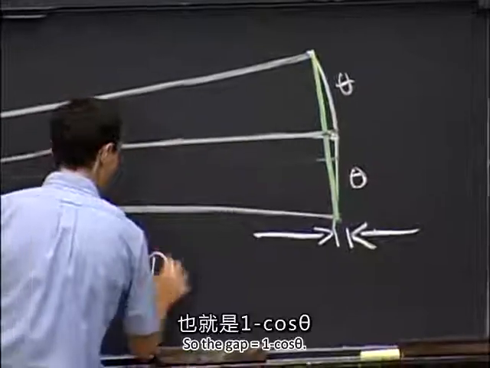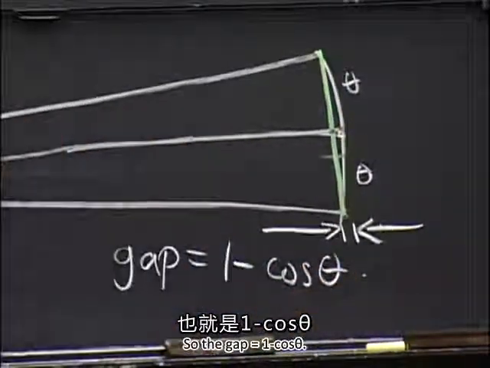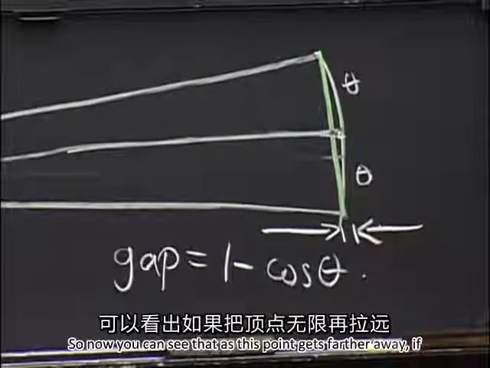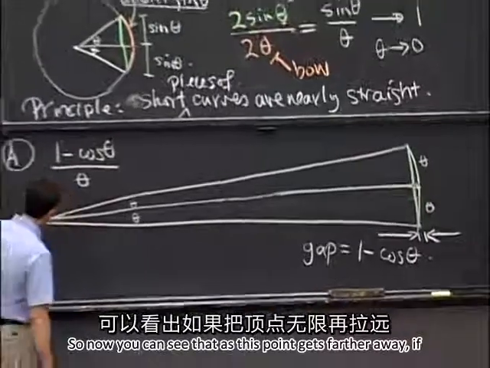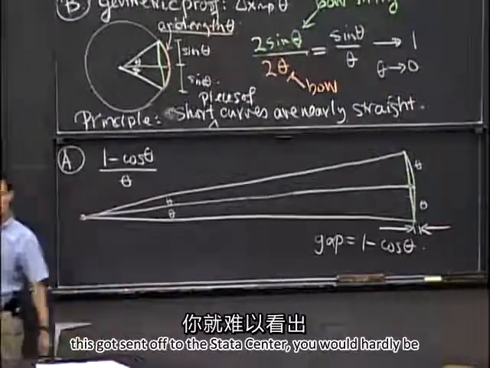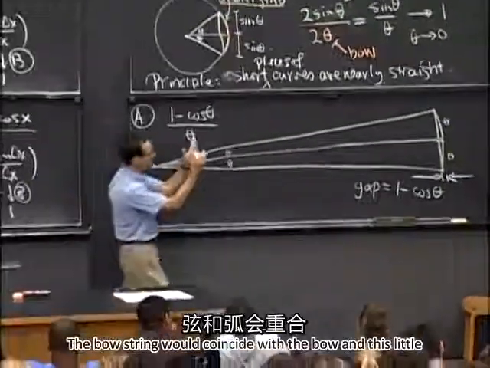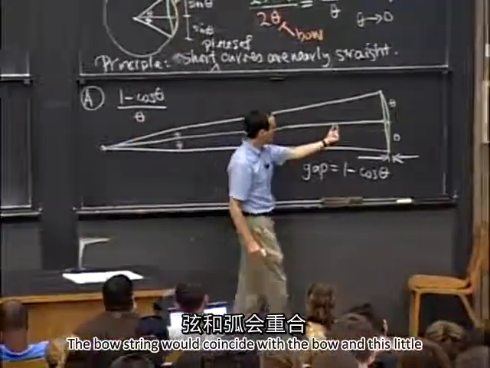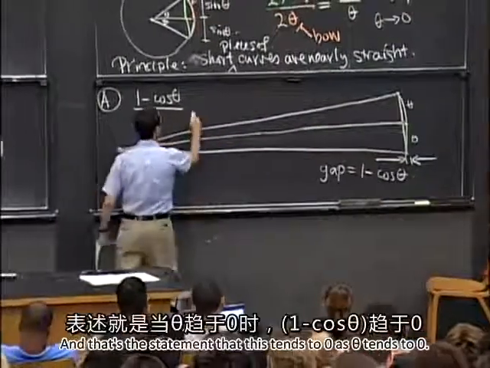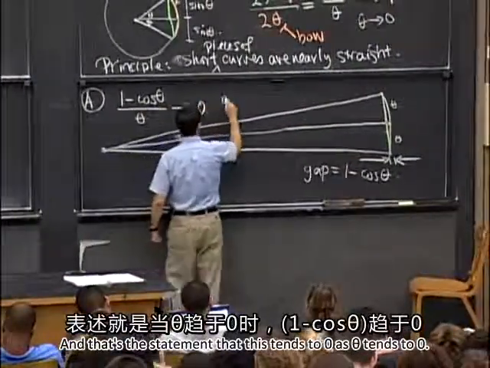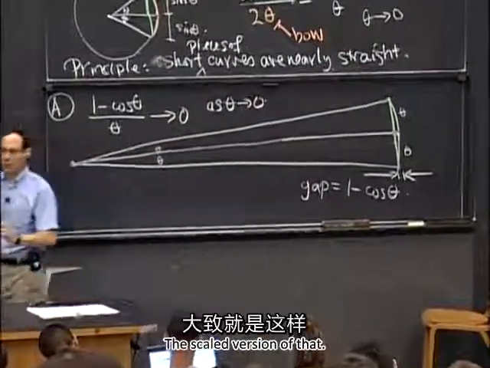So the gap is equal to 1 minus cosine theta. All right? And so now you can see that as this point gets farther away, if this got sent off to infinity, you would hardly be able to tell the difference. The bowstring would coincide with the bow, and this little gap between the bowstring and the bow would be tending to 0. And that's the statement that this tends to 0, as theta tends to 0. All right, the scaled version of that.